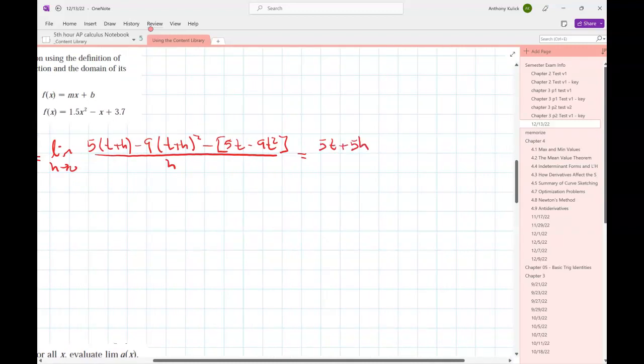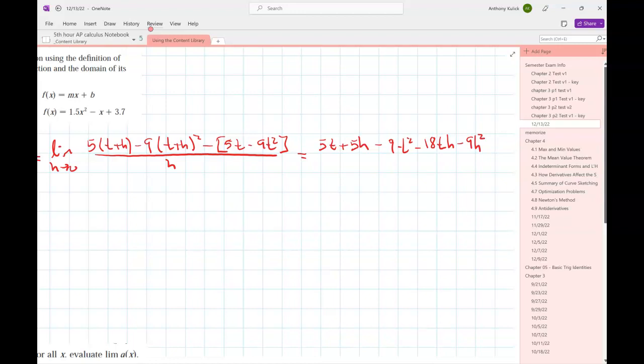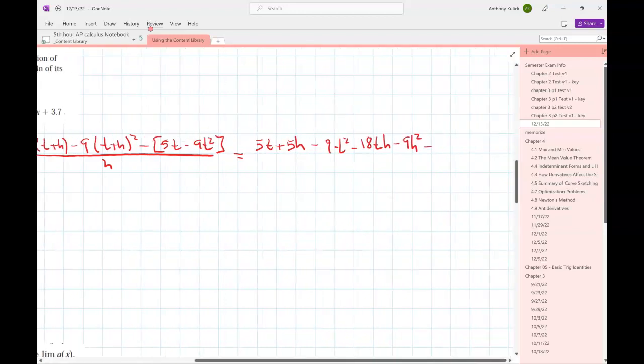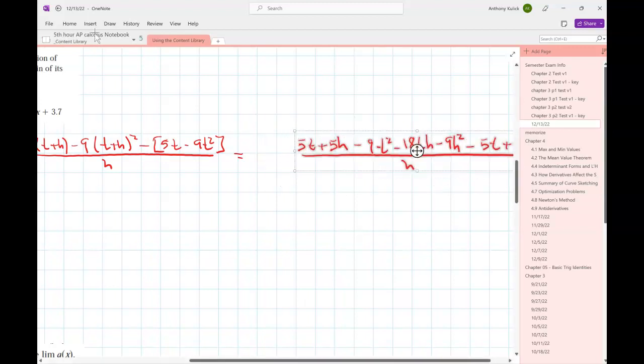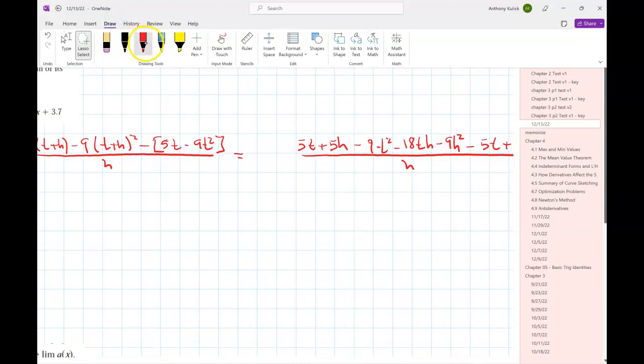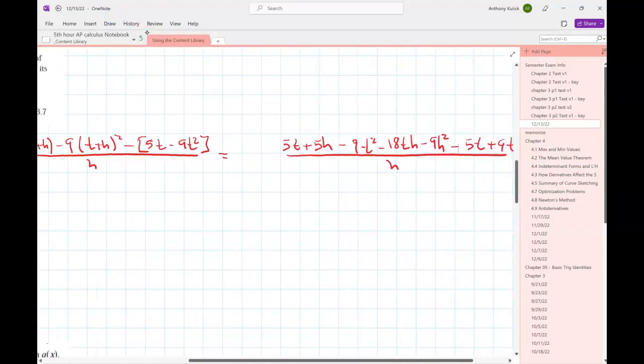I'm going to FOIL that out and then distribute the negative 9 through. And then distribute my negative sign through. And again, got carried away and forgot my limit. So easy to do, but at least I'm catching them, right guys?